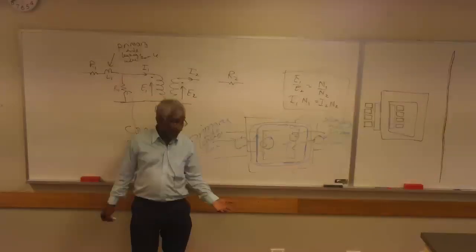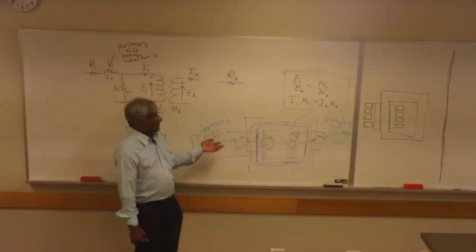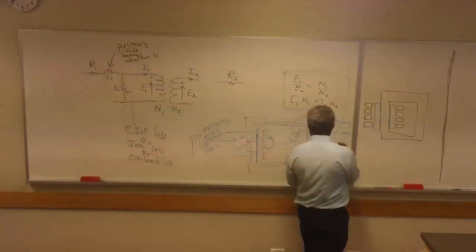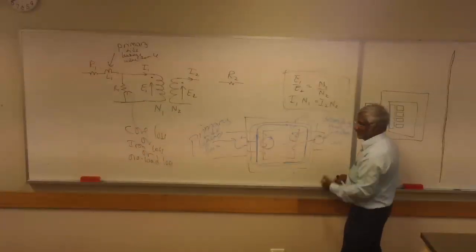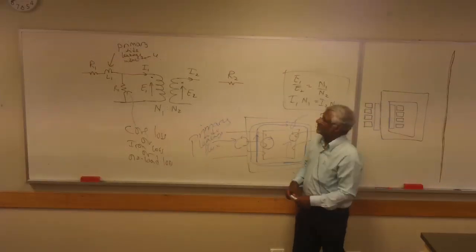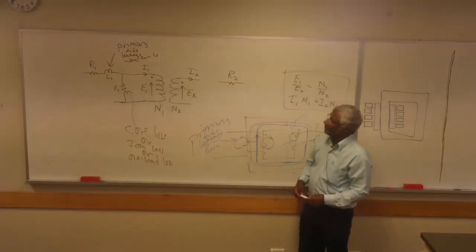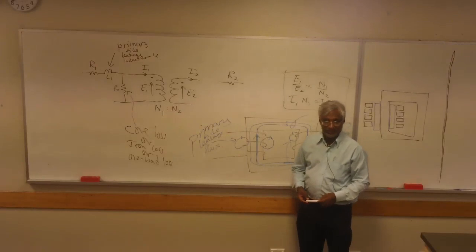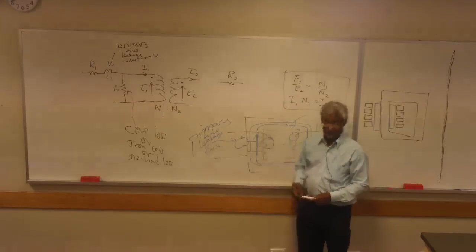Because that's what you would expect. That's why it's leakage, because it has no association with what's happening on the secondary side. It depends solely on the primary current, and it depends on the winding current. So we put it in series.